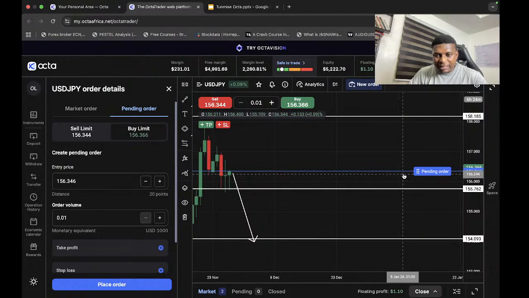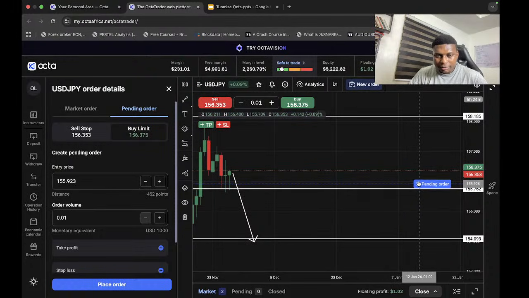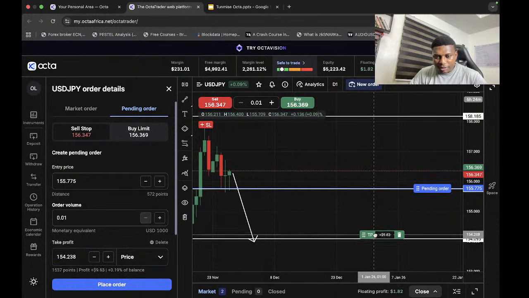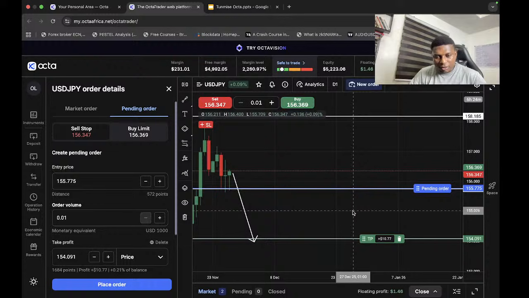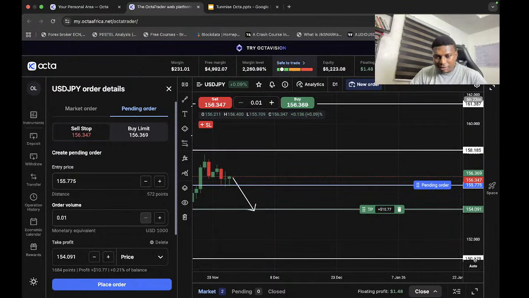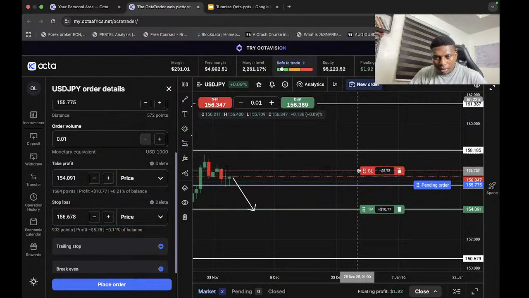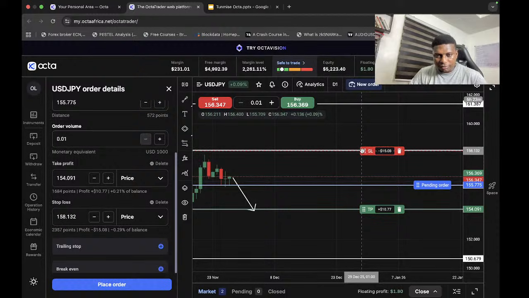Now I'm going to set a pending order here. So this is going to be a sell stop, all right, and I'm going to set my take profit. My take profit will be this level. I think that's just $10, all right, and my stop loss would be this level.